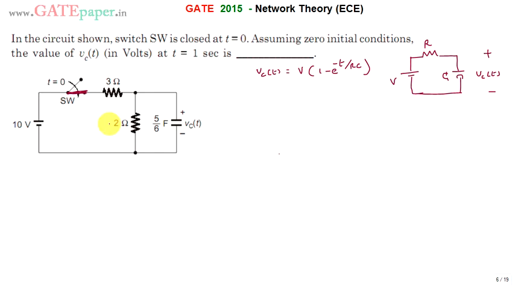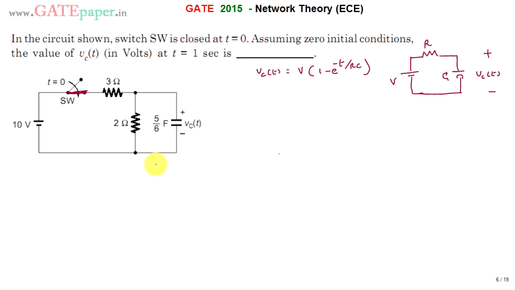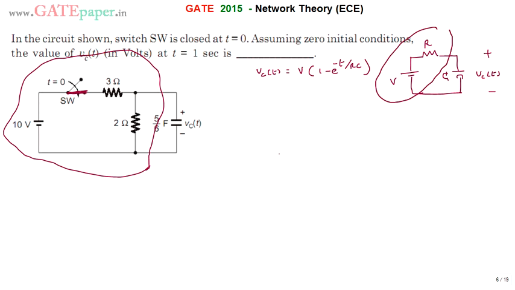Now for the given circuit, if you compare, C is there, and this is the rest of the circuit. This rest of the circuit you must convert into a V and R block, that is, Thevenin's equivalent, which is VTH and RTH.